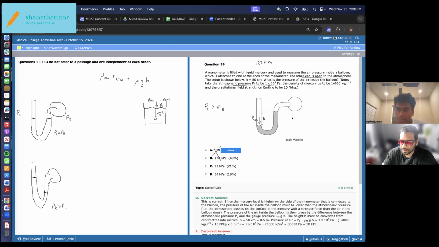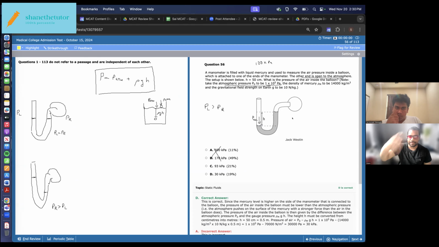Now it's a question of the difference between the pressures, the pressure on the left and the pressure on the right, being by this amount, meaning pressure on the left is equal to pressure on the right plus rho g h.